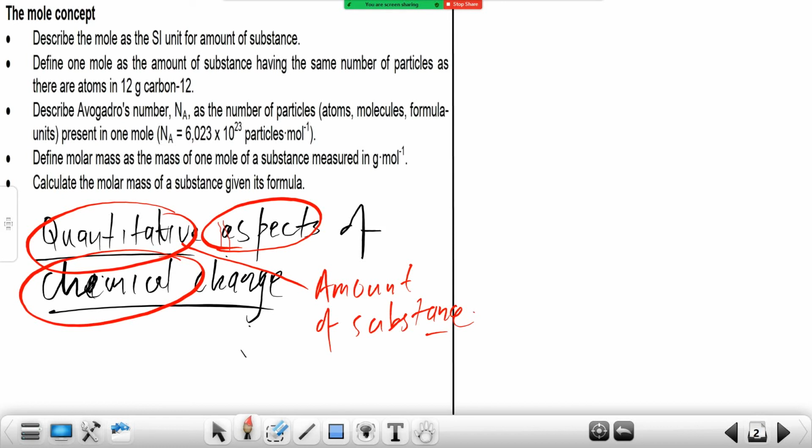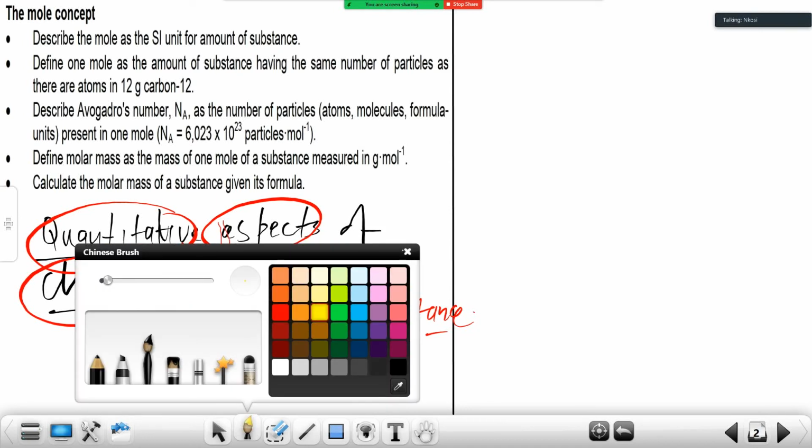So what is it that allows us to know exactly what the chemical change is? What is quantitative aspects of chemical change? We have one key thing that is called the mole.